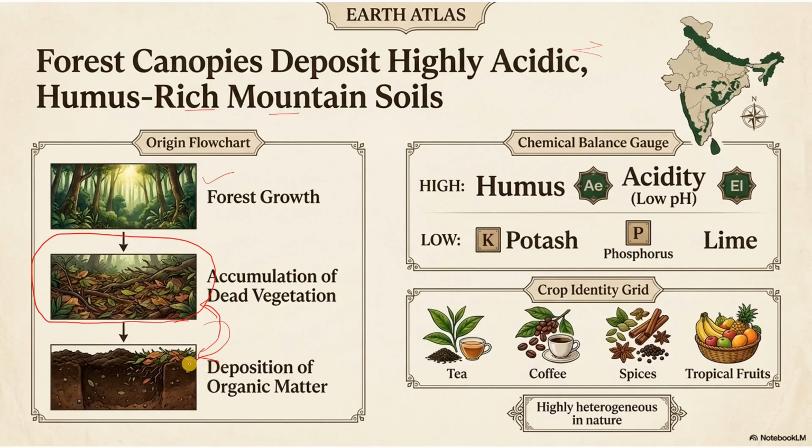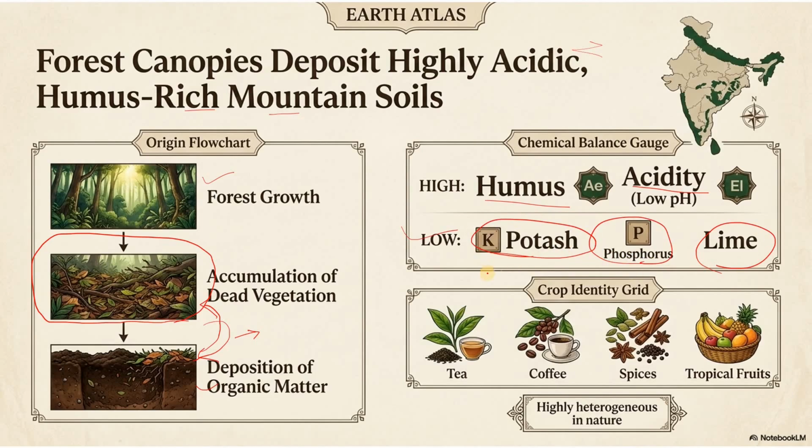It takes a lot of time also, and these soils have a huge amount of organic matter. They are rich in humus and acidic in nature. They lack potash, phosphorus and lime.